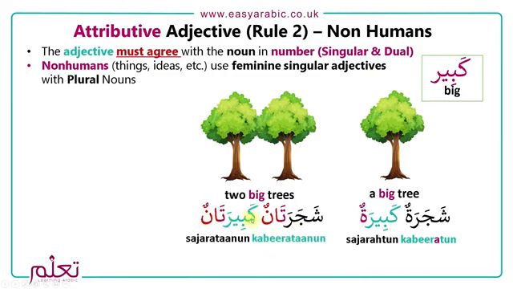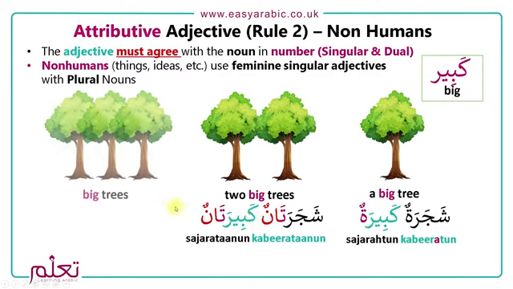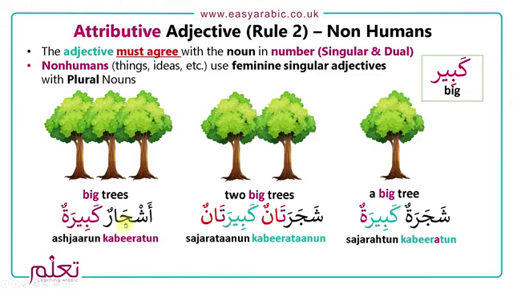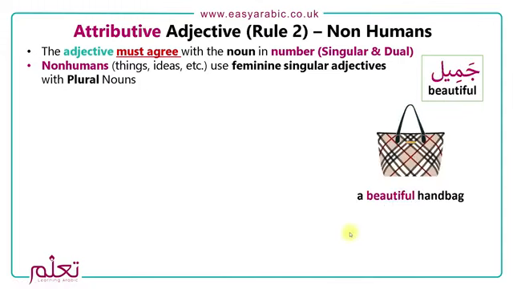And big trees: the plural for trees is ashjarun, so shajaratun becomes ashjarun, and the adjective is kabiratun. Ashjarun kabiratun.